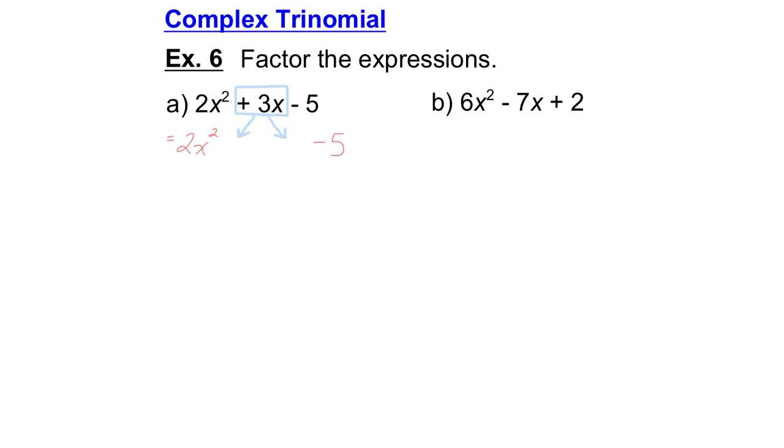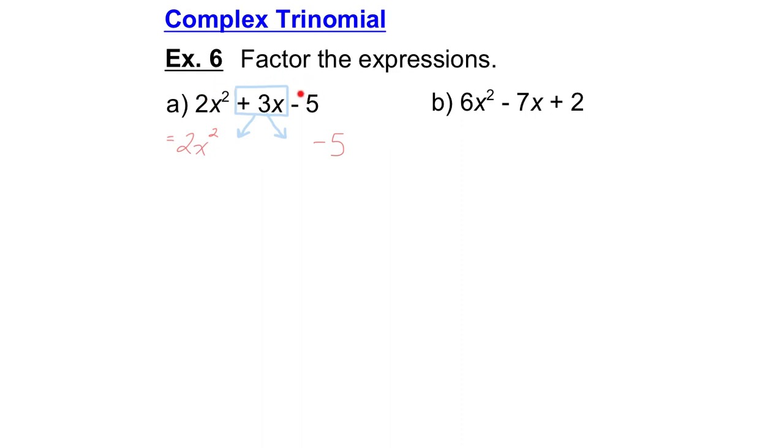And the way I do that, in order for this to work out, is that this middle term needs to split into two terms that obviously they have to add up to 3x. But in order for this to work out, it also needs to multiply to this times this.